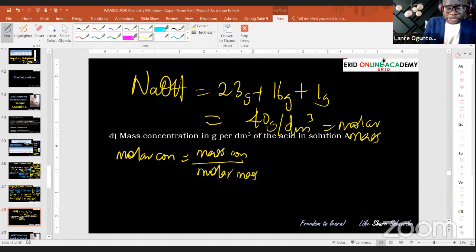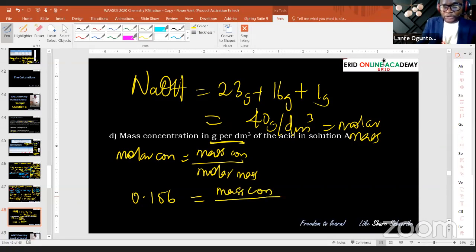The molar concentration of acid that we just got is 0.156 moles per dm cube. Mass concentration is what they say you should find; when you see grams per dm cube, it means mass concentration. So mass concentration over molar mass.